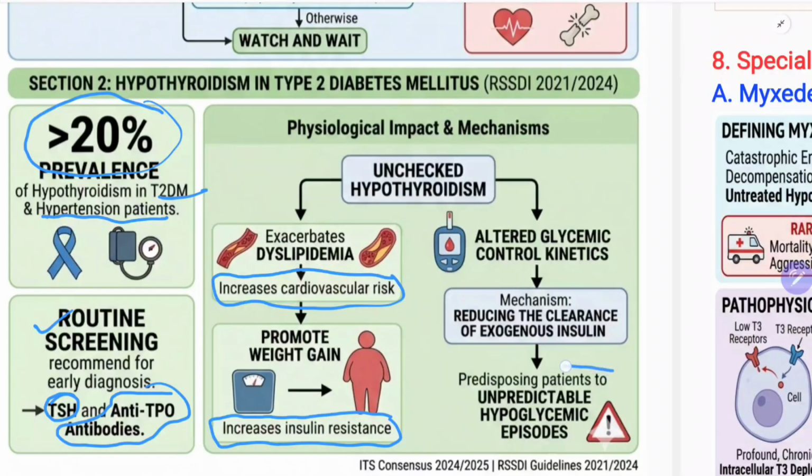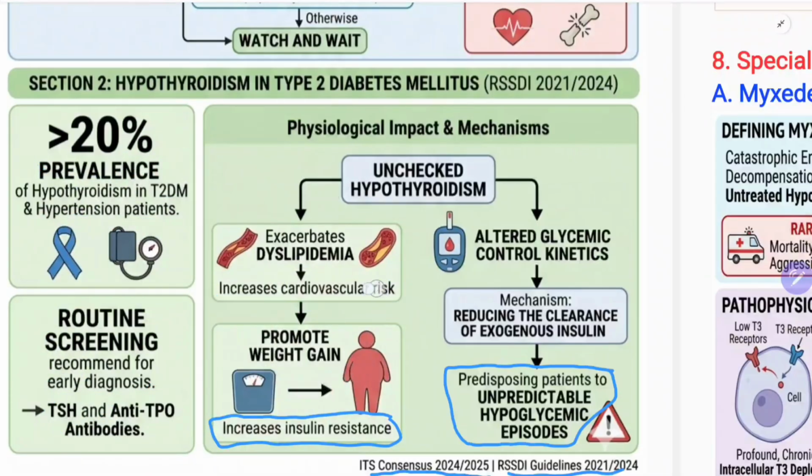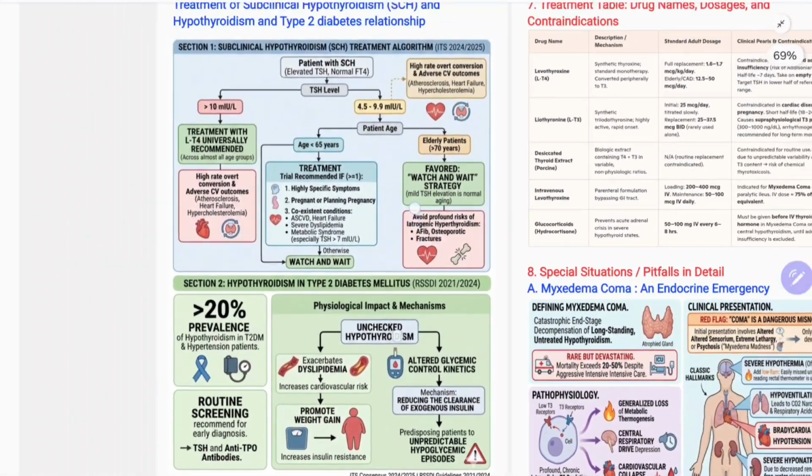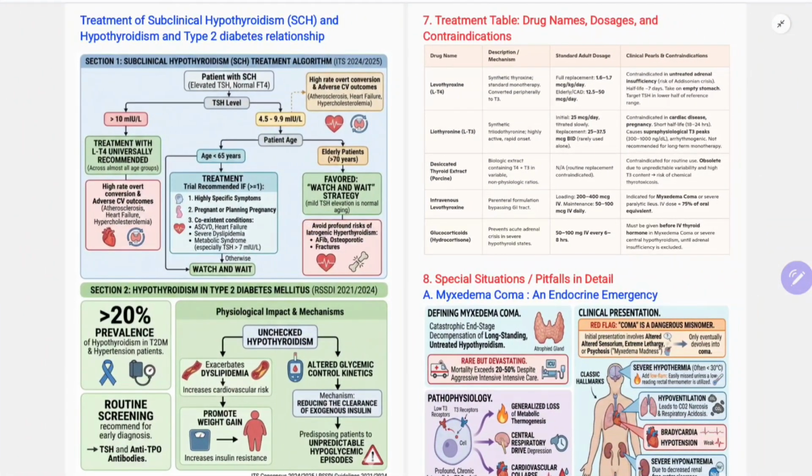Number 3, unpredictable hypoglycemic episodes, because unchecked hypothyroidism will decrease the clearance of insulin. This is a very important relationship between diabetes mellitus and hypothyroidism, and this should be known to us. This is according to the ITS consensus 2024 and RSSDI guidelines 2021-2024. So every DM plus hypertension patient should be routinely screened for hypothyroidism because of these reasons.